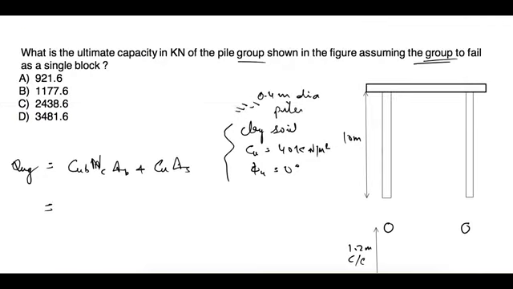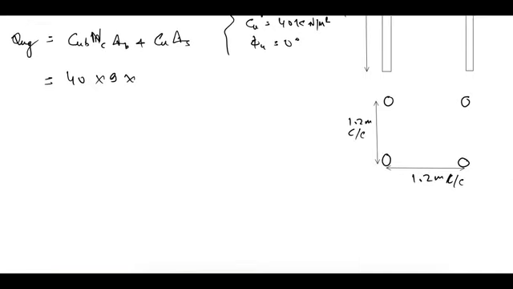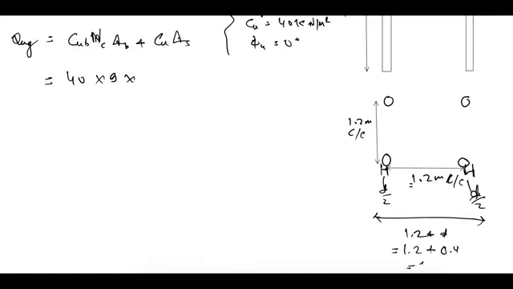For Cu, only one value of C is given, so 40, Nc we take as 9. Area of the base, for the group we have to find out. The center to center spacing is 1.2 and this part is d by 2 and this is d by 2, so the total length would be 1.2 plus d. So 1.2 plus d, which is 0.4, is 1.6 meter.